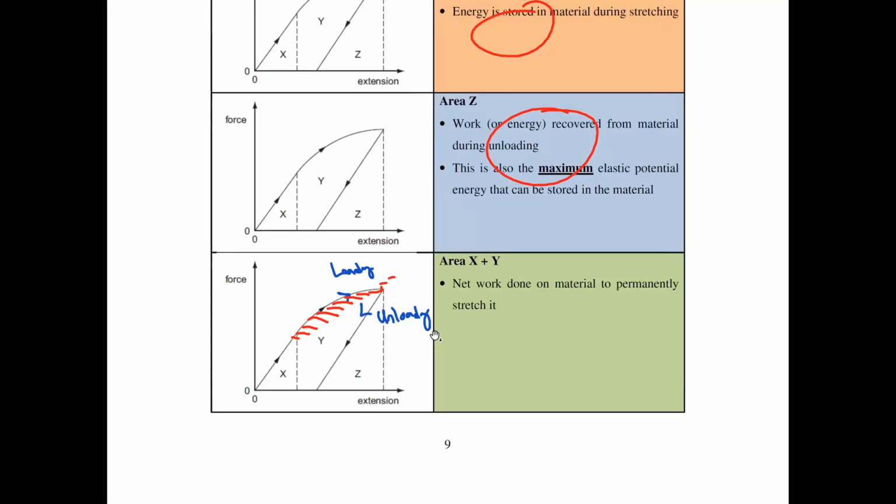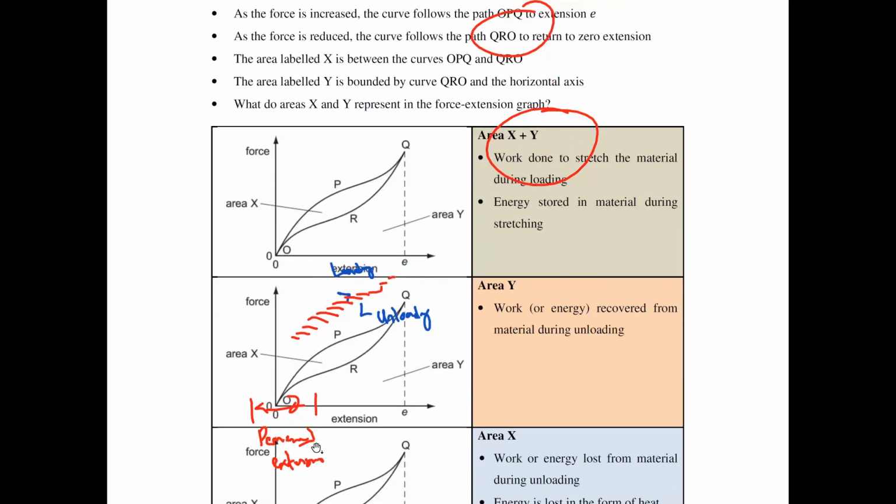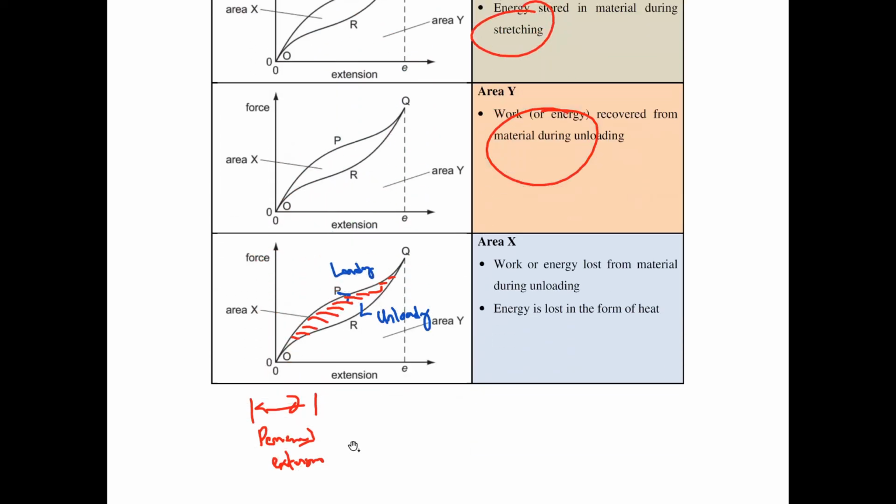Here we said that area X plus Y was the work done to permanently stretch the material. Over here, you had permanent extension. In the current one that you see, there is no permanent extension, right? You went from here to here, and then you went back to your original length.